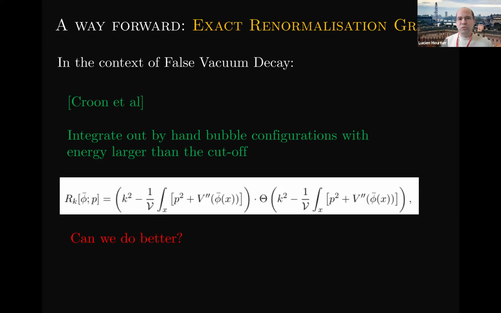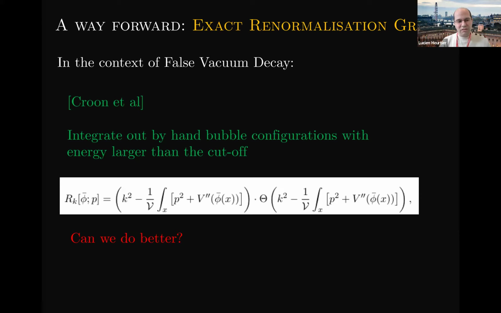So what those people did is that they added by hand in the regulator a way to only integrate out modes which may contribute to the process of scalar field tunneling. Now, this is not extremely nice, because that means that you put by hand in your flow equation something which cuts off your theory for a given field configuration.